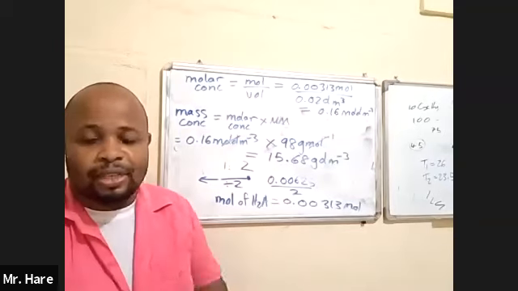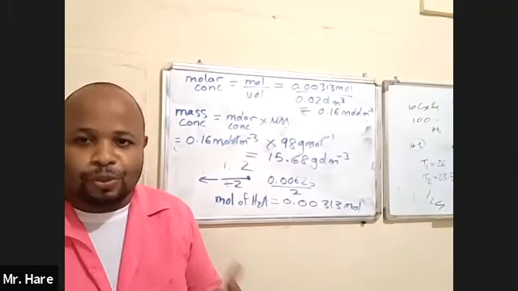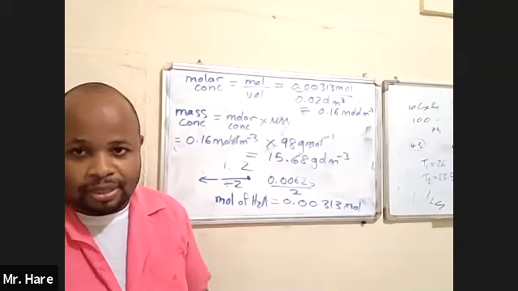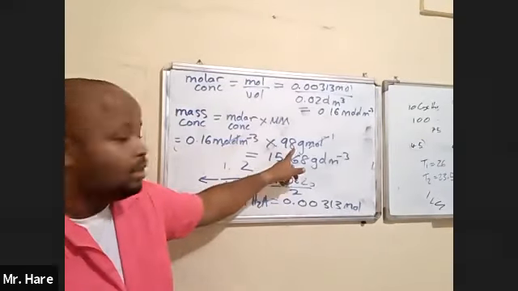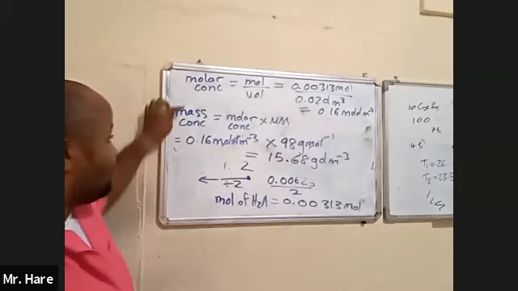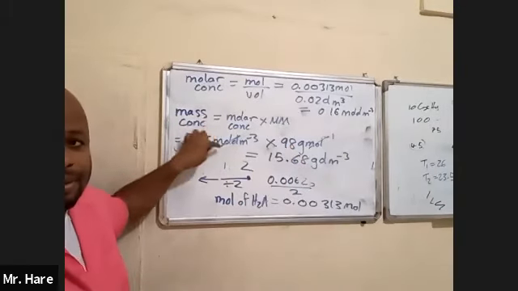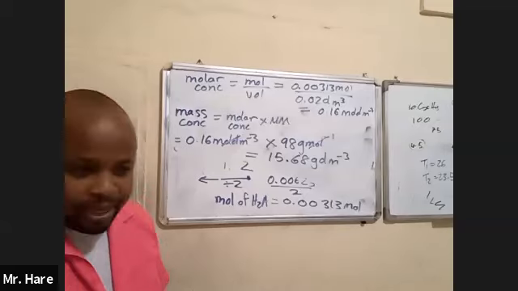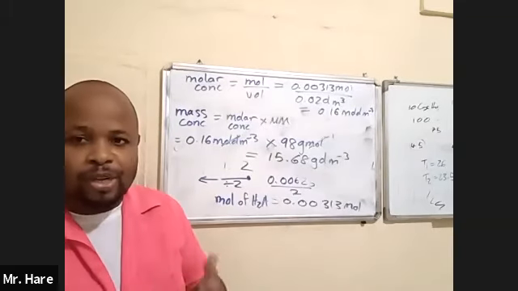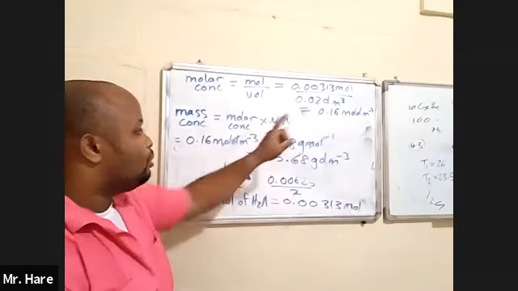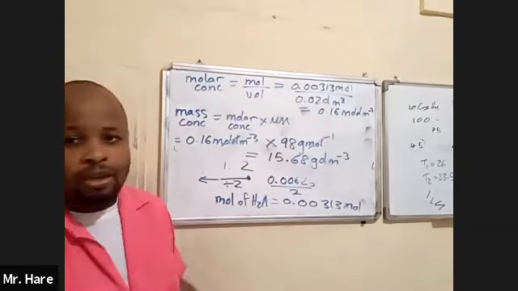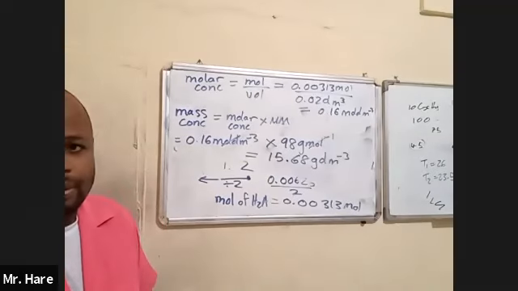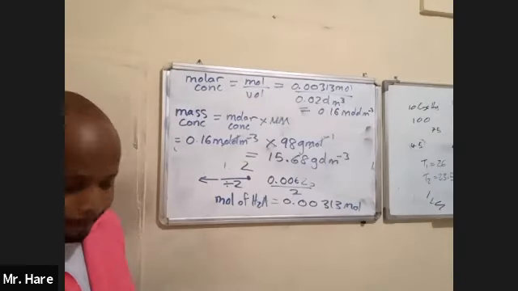So I was saying, let us just assume that H2A is sulfuric acid. The molar mass for sulfuric acid is 98. This is not a part of the question, I was just reminding you that if they ask you for mass concentration, you just multiply the molar concentration by the molar mass of the compound. All right.